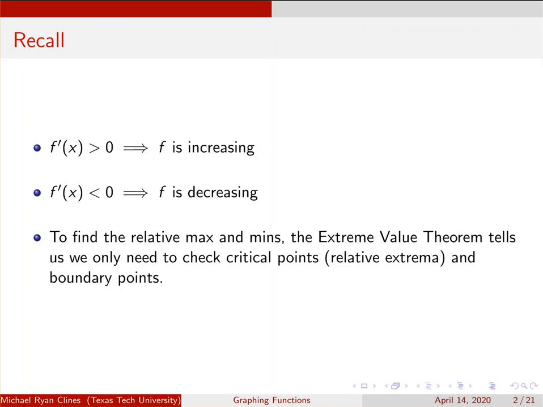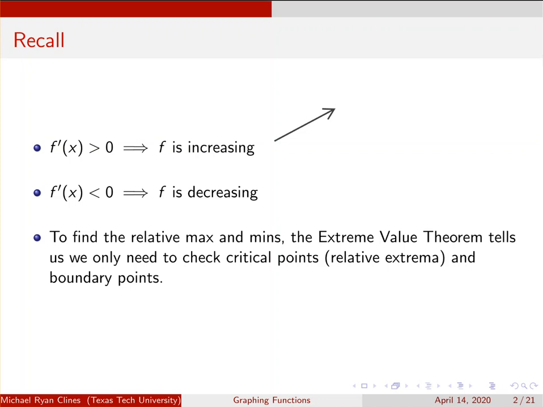If the derivative at a point is positive, that means the slope of the tangent line is positive, or it's increasing. So it's going in this direction, upwards. And when we're talking about this, we're talking about going from left to right. So if the derivative is positive, f is increasing because the slope of the tangent line is positive, so the function is going in the upward direction.